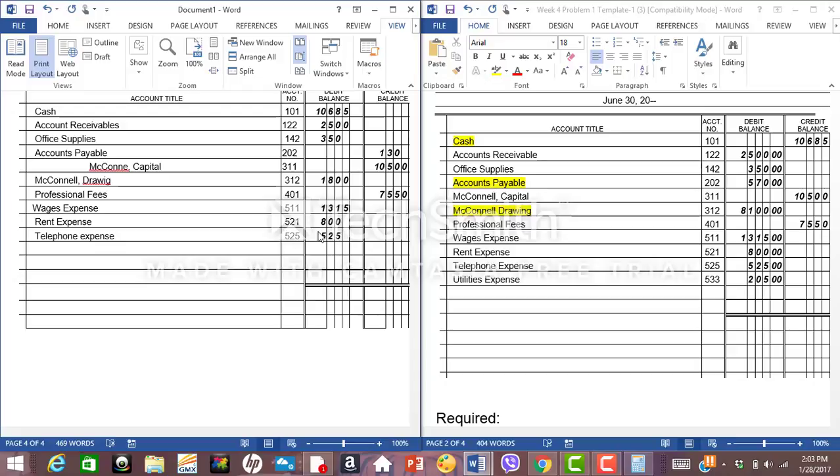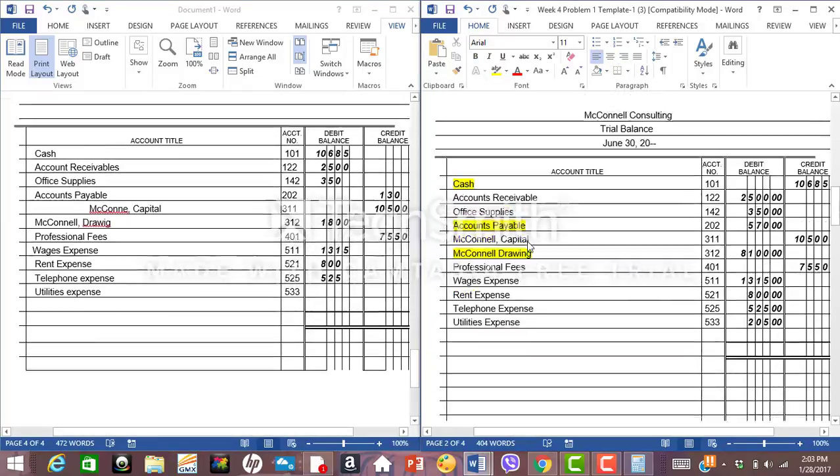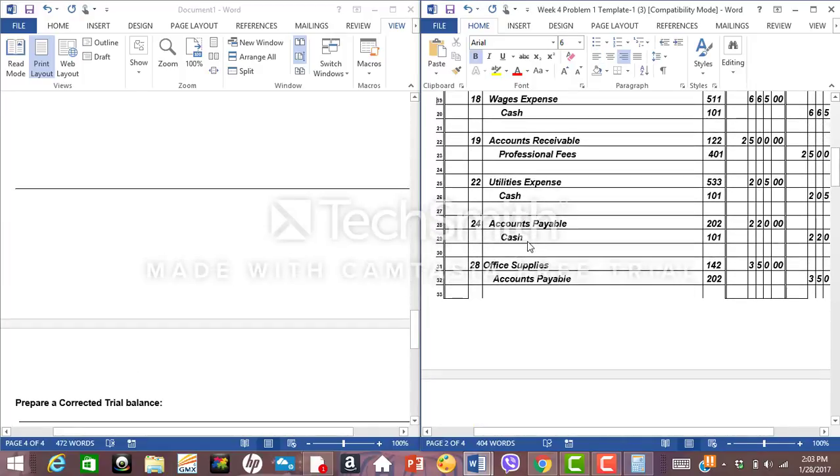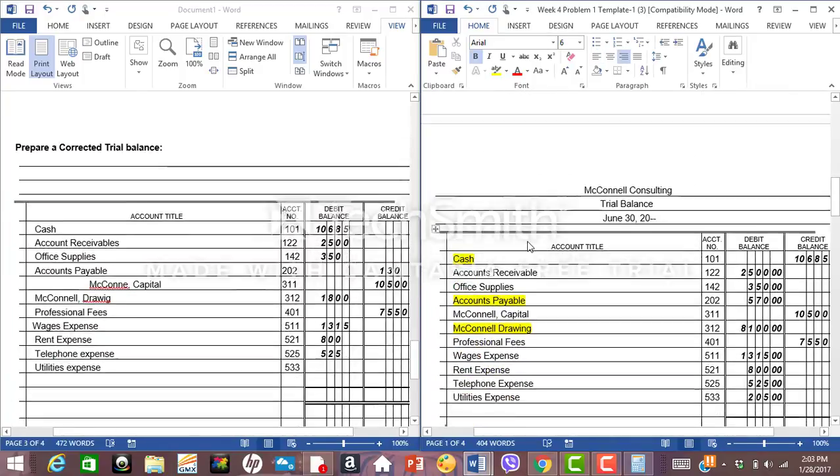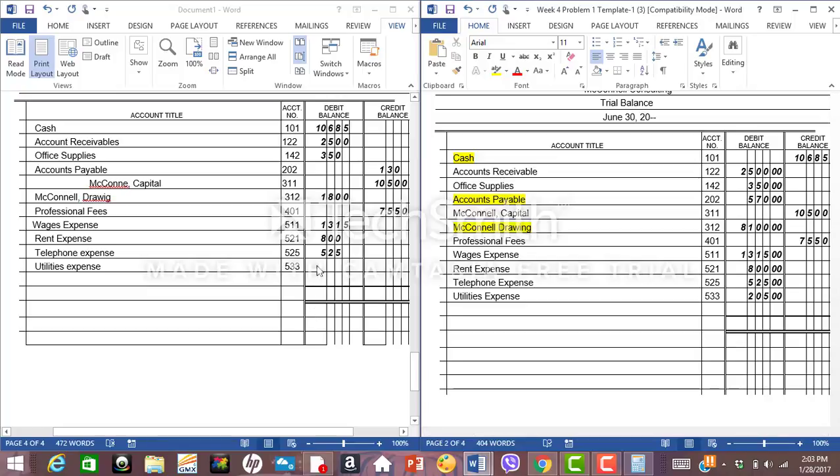All right, and then we have utilities expense, and it is 533. And let's see, utilities expense up here. It is 205, and it is 205 over here. And it seems like we have everything correctly.